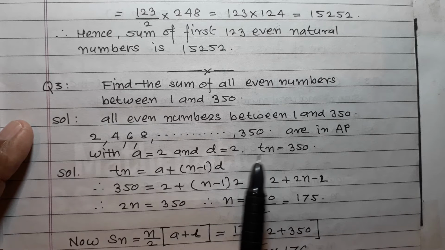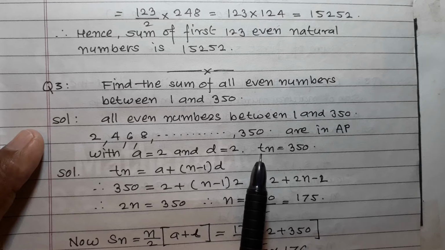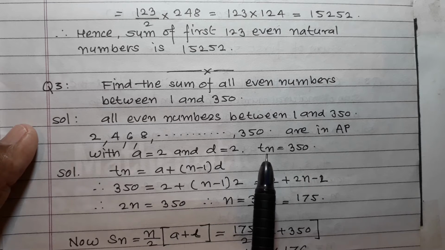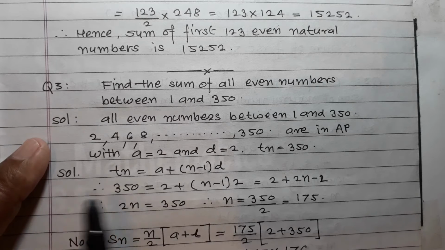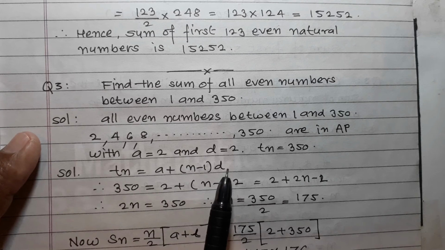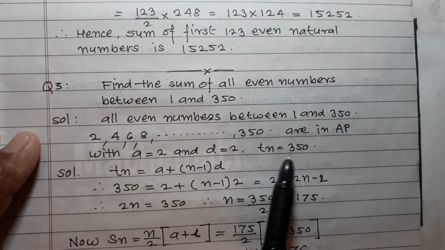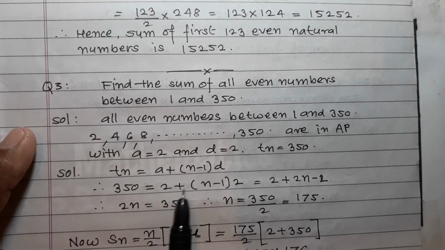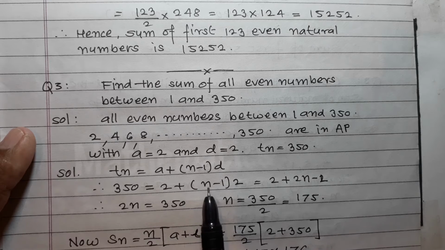But for this you require n, so you will get n by this formula. Tn is equal to a plus n minus 1 into d, and here Tn is given, 350. 350 is equal to 2 plus n minus 1 into 2, is equal to 2 plus 2n minus 2.